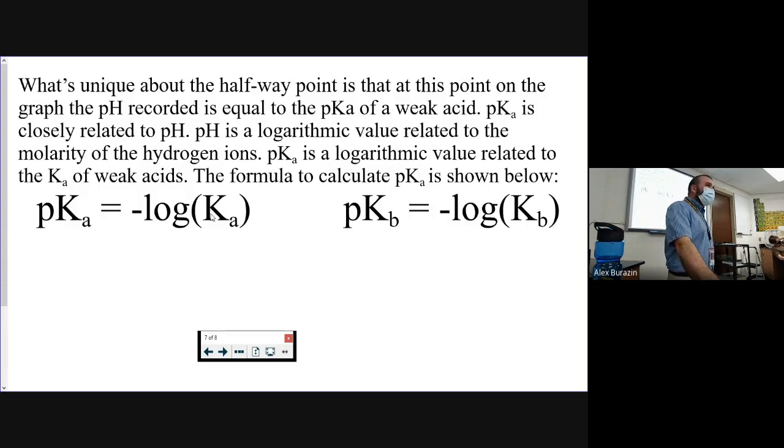What's K? It's the equilibrium constant. And if I have a little subscript A after it, what's that mean? And if it's a B, and if it's a W, water. And if it's an SP, Ksp, solubility of a salt. And if it's a KP, pressure.